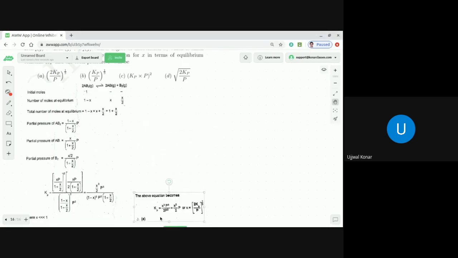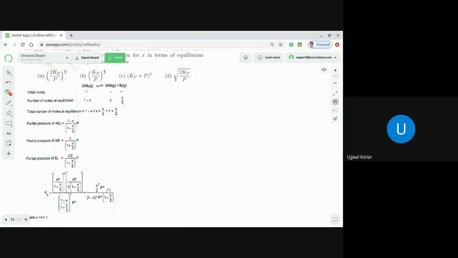And after that, at equilibrium, as x is very less than 1, we can ignore the other values of x. We can ignore the value of 1 minus x. X is very, very less than 1. So 1 minus x whole square will be equal to 1 square, and that is the approximation we placed here.